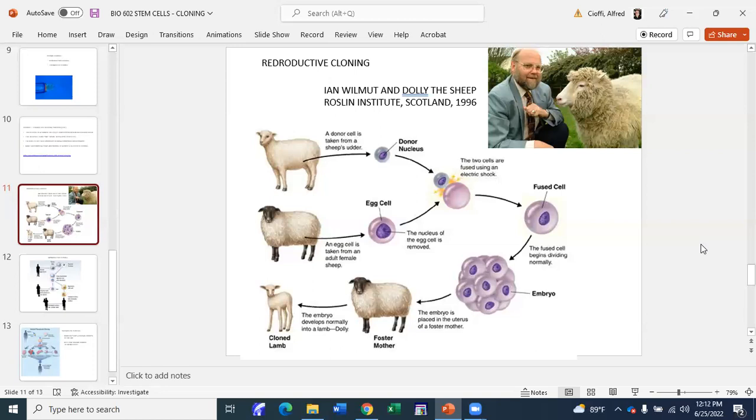But the other thing that also came to light is something that the general public didn't know. I don't think it was publicized when Dolly was generated, that it took about 250 trials for this to work. When I first read it, I thought it was just, oh, okay, 1, 2, 3 trials, and we're good to go.